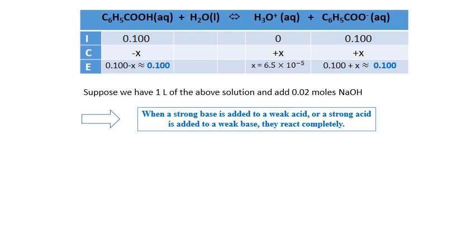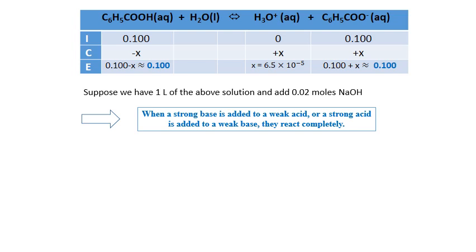For instance, when you just took benzoic acid and put it in water, it only dissociates a little bit. When you put it in pure water at a 0.1 molar concentration, it was only like 2.5% dissociated. But if you put it with strong base instead of just in water, it reacts completely.